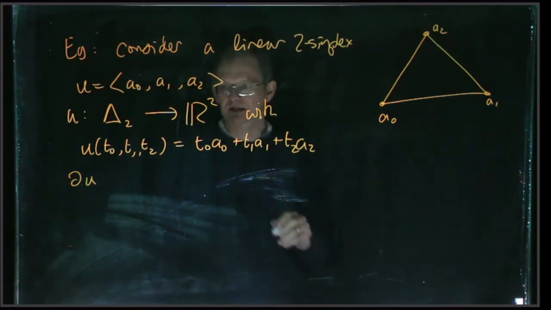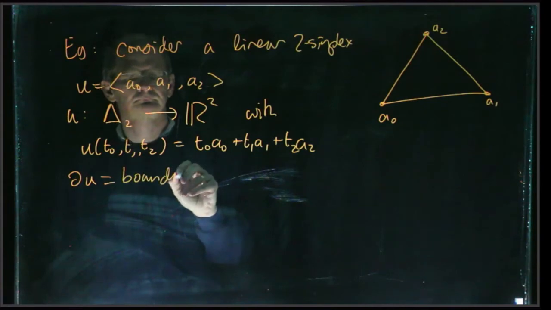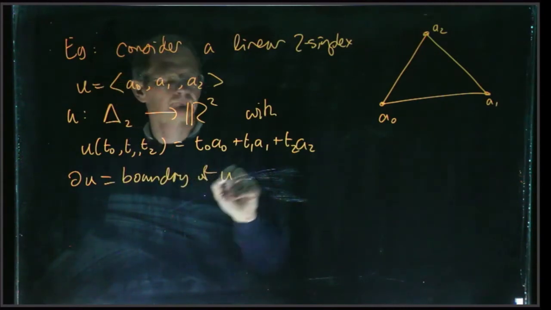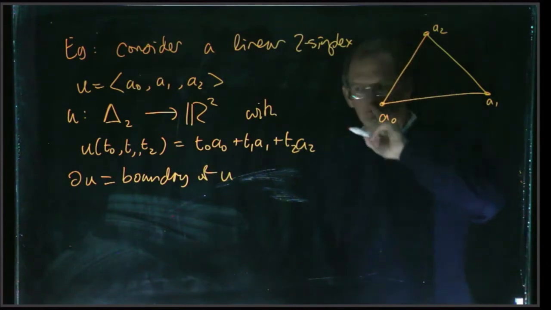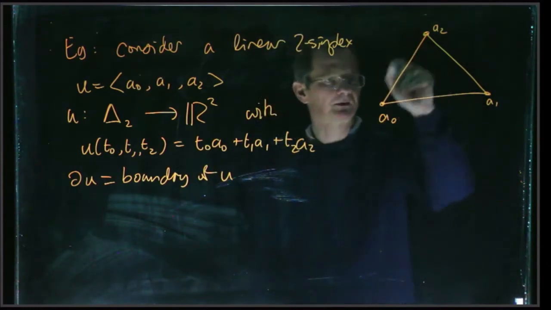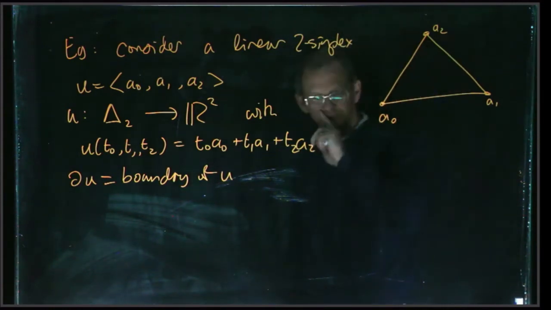So what's dU? It's the boundary of U. So that's what we need to define. But the kind of obvious thing is that it should consist of the three edges of this triangle.